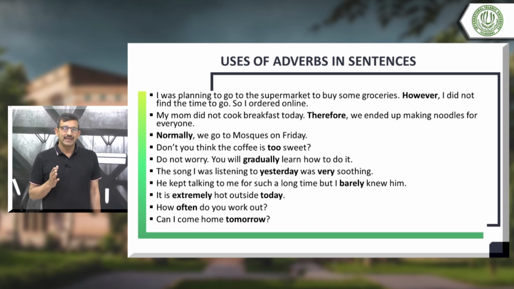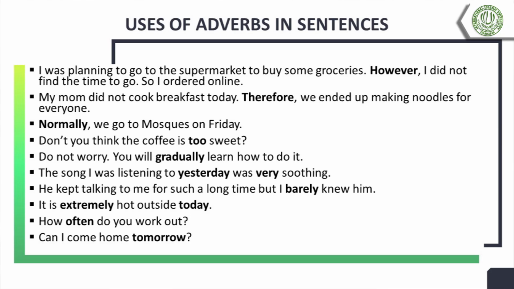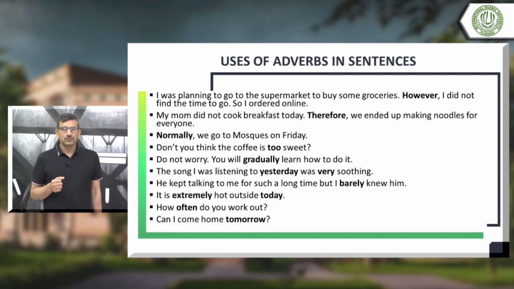Normally is an adverb, it is in the start of a sentence. The next example is, don't you think the coffee is too sweet? In this example, too, an adverb, is used at the end of a sentence. We can use two or more adverbs in a single sentence. Example: the song I was listening to yesterday was very soothing. So, yesterday and very both are adverbs and they are used in one single sentence.